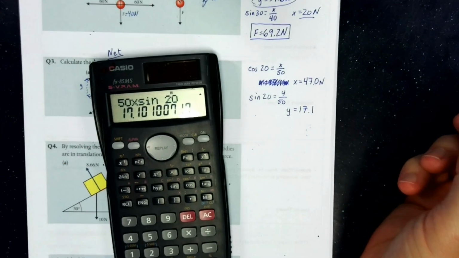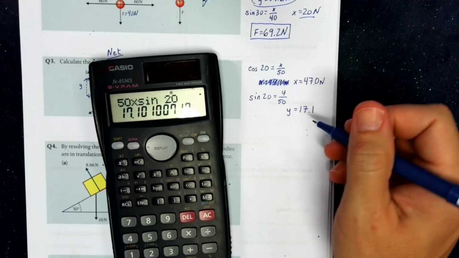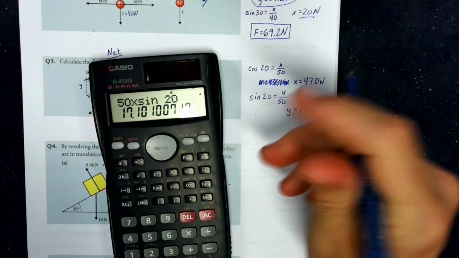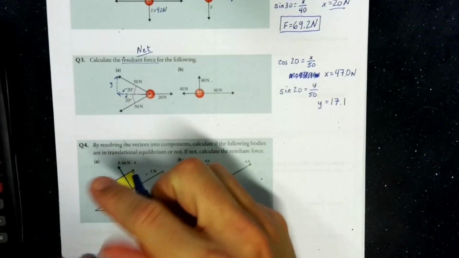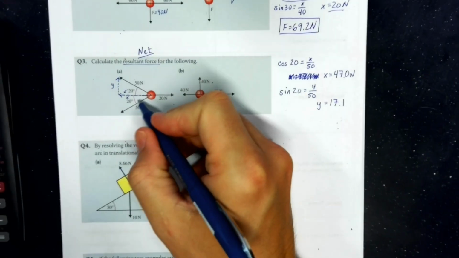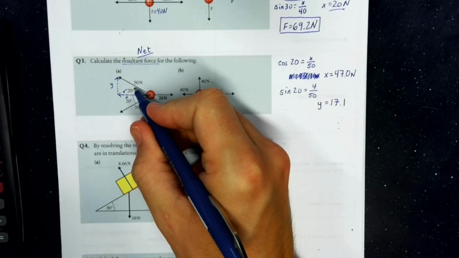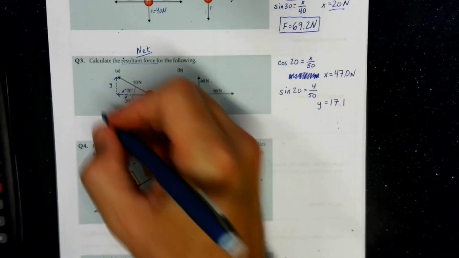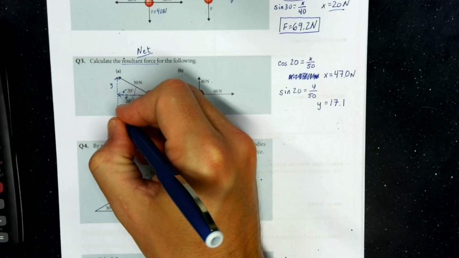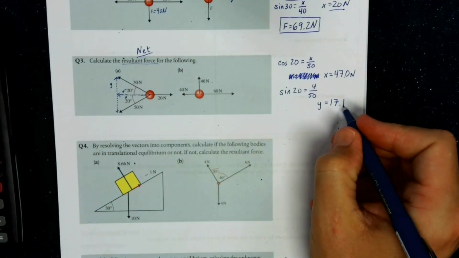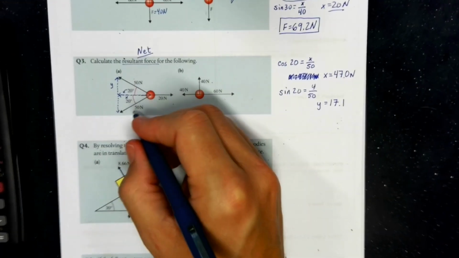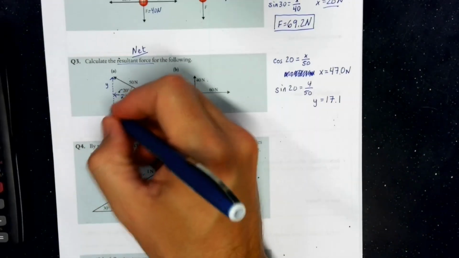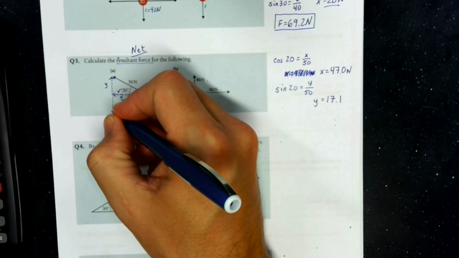All right. Now that I have y is 17.1 and x is 47.0, I can go back to the picture. Notice that again, the bottom one is identical to the top one. It's still going to have that leftward force of 47. It's going to have a downward force of 17.1. The angles are not going to change. All that's going to change is that this one is going to be downwards now.